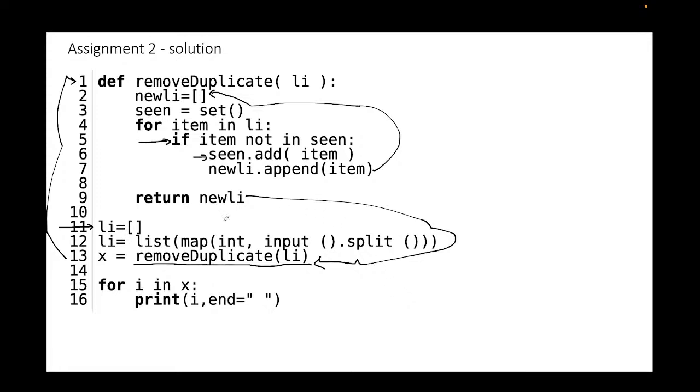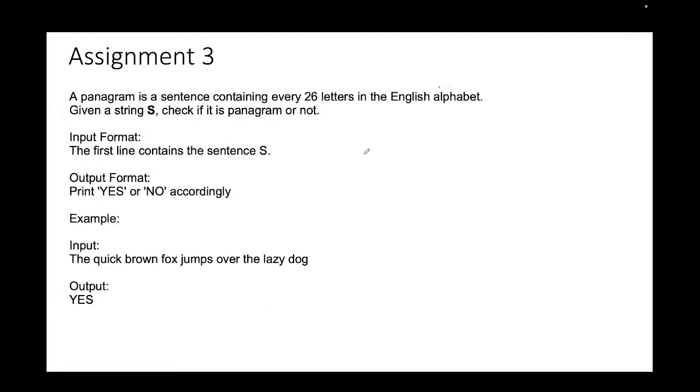Most of you might have thought till this line, but how you define this function using a set item might have been new to you, so that's why I showed the solution. Okay, so try the next problem.